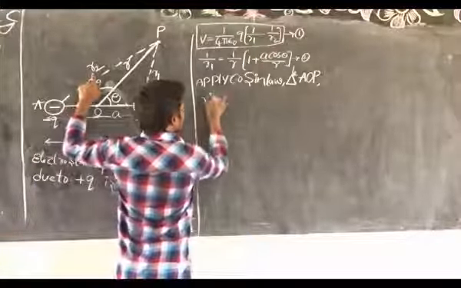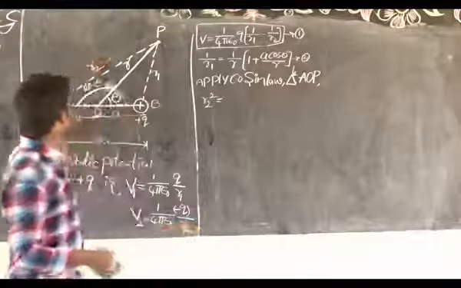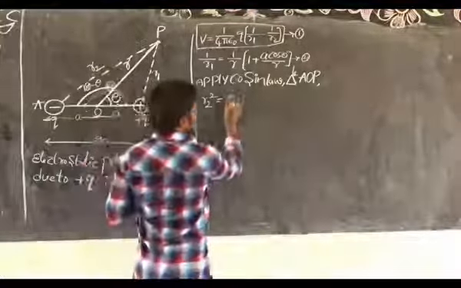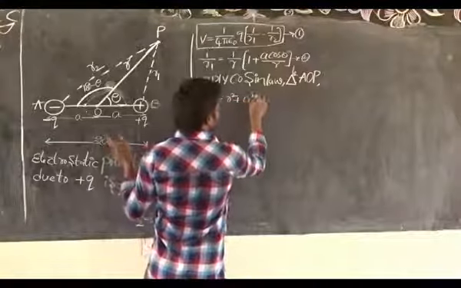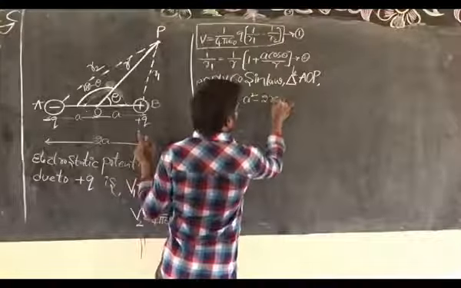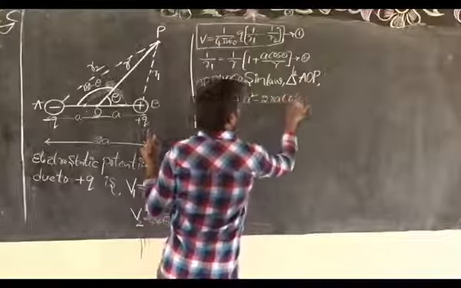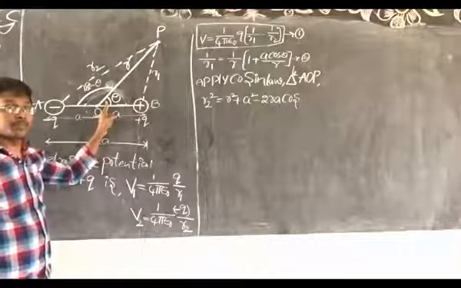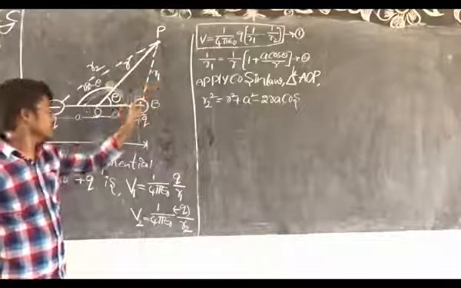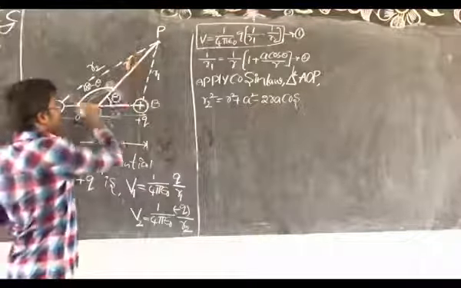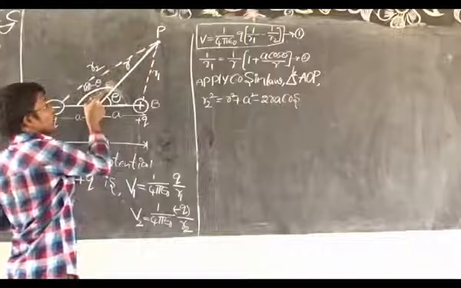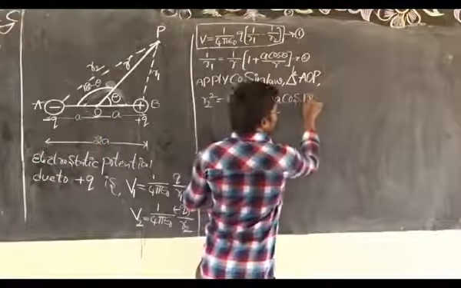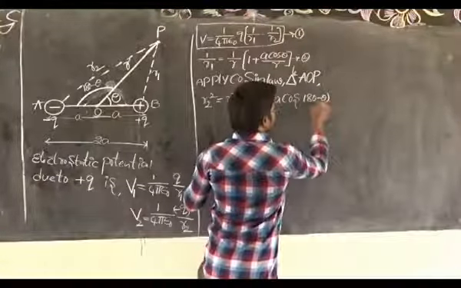R2 square is equal to the squares of the remaining sides, one is A, one is R. So R square plus A square minus 2RA cos. In this triangle, what is the angle? Before, in the previous triangle, we substituted theta. In this triangle, the angle is 180 minus theta. So we have to take cos of 180 minus theta.